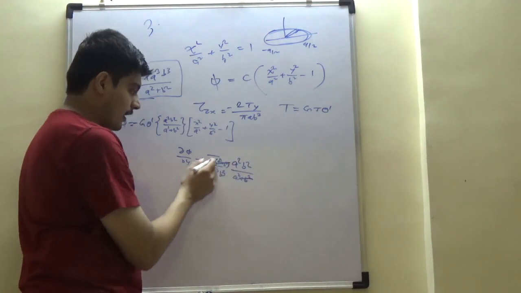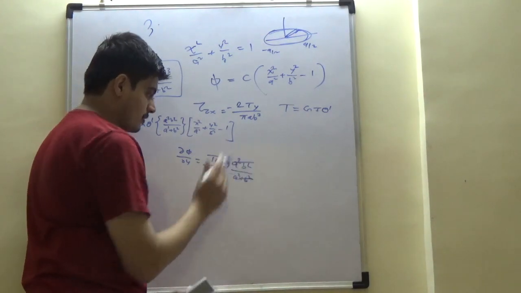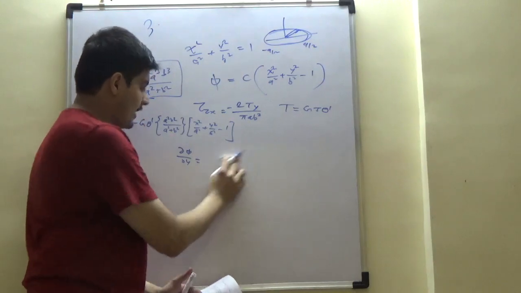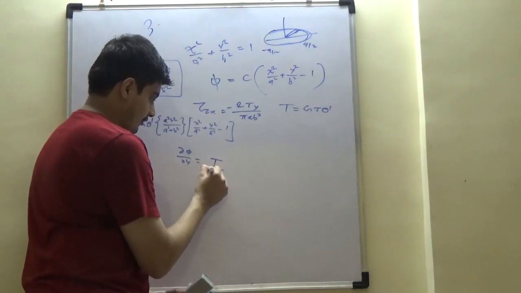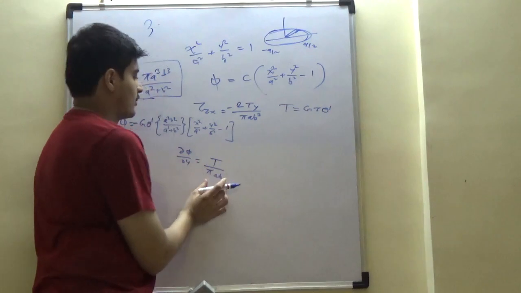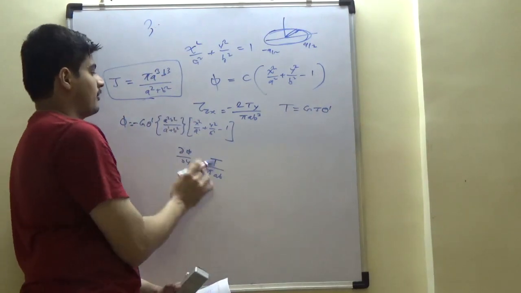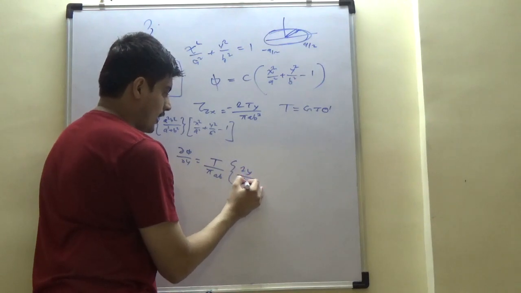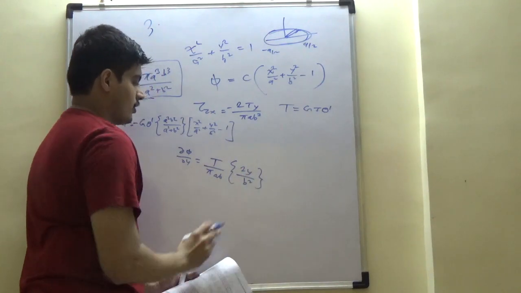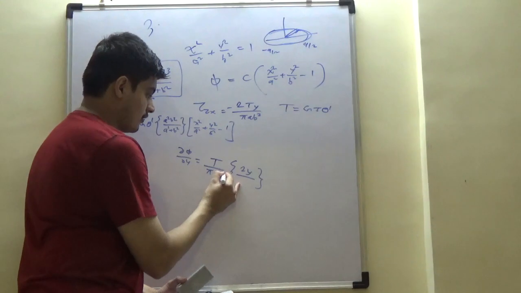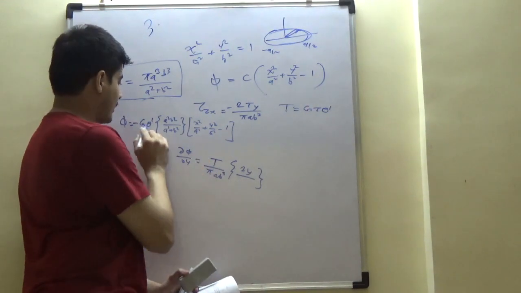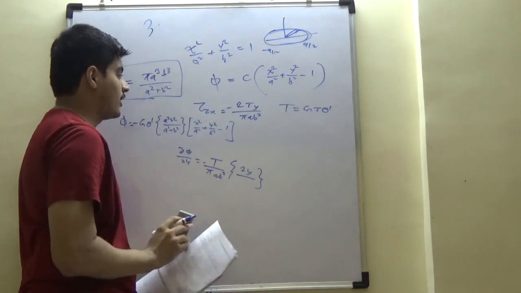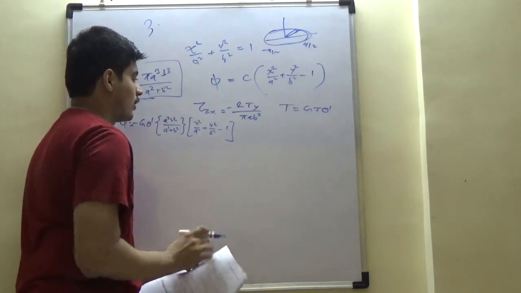So I have used this to my advantage to eliminate some of these problems. So T upon pi ab is what G theta dash is. This entire constant is left with this. And then the only variation is 2y by b square. So this b square will come out and the negative sign will prevail because it is a positive del phi by del y. So this is the outcome.